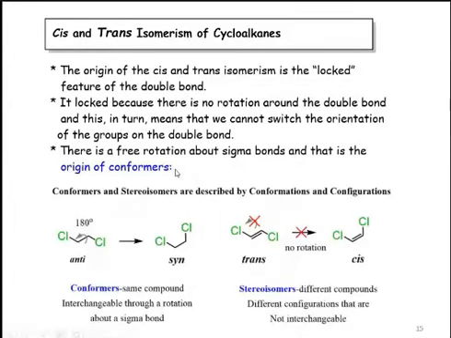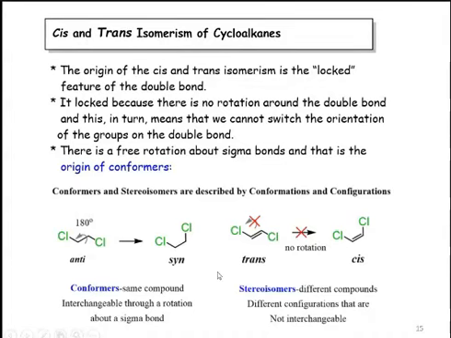conformers. When isomers are generated because of free rotation about a sigma bond, then we call those isomers conformers. Now let us see some examples of conformers.